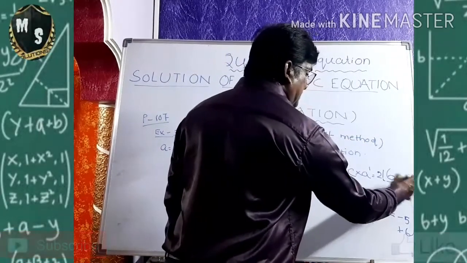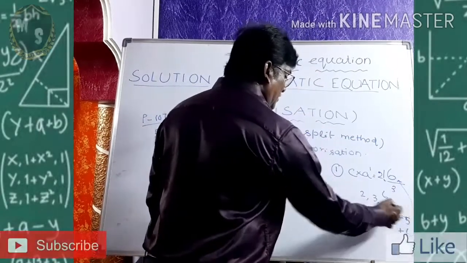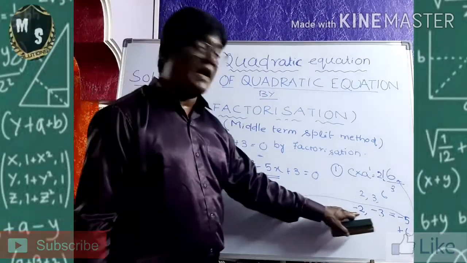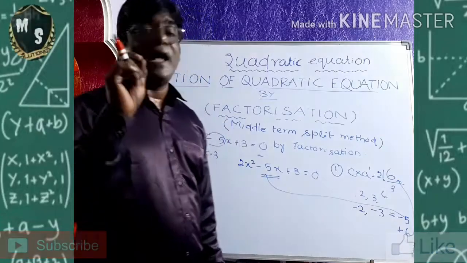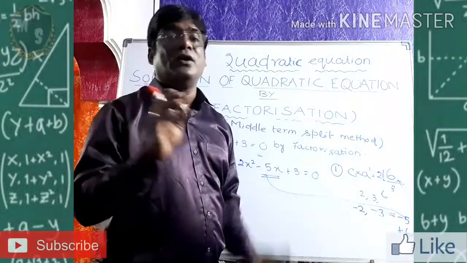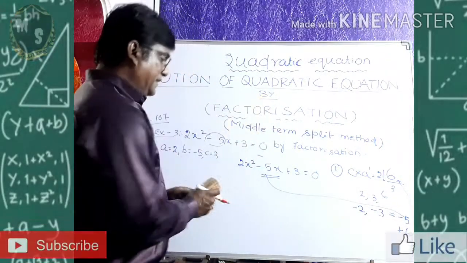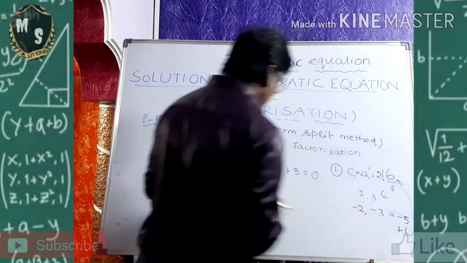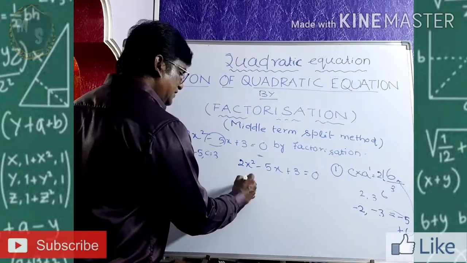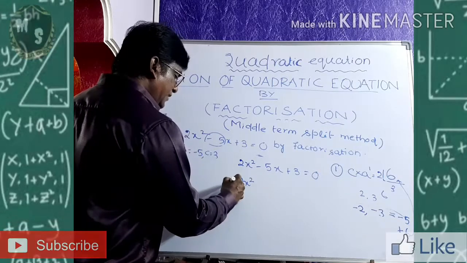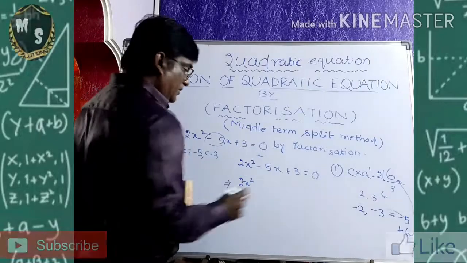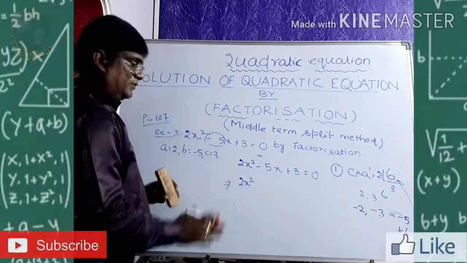Look, it satisfies C into A, and it satisfies B. For that reason, minus 2 and minus 3 are the appropriate factors for splitting. Now split it. I hope you understood it. Again I am saying, don't worry. Now it is 2x square. Given implies: when you are writing an equal sign, please start from the implies, so that it looks nice and in the format of math.